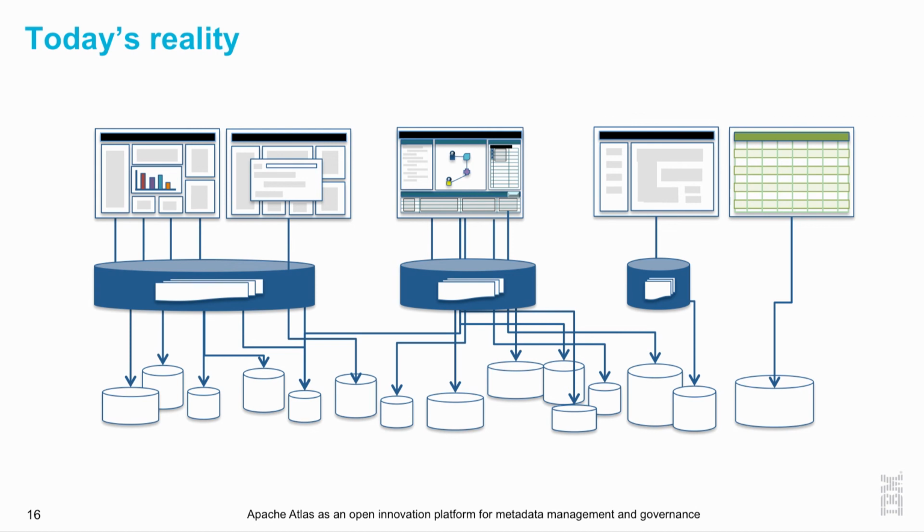You end up with an environment where each tool knows a slightly different subset of the data within the organization. And if the tool is only being used for a single project that has a specific scope, that's not a problem.